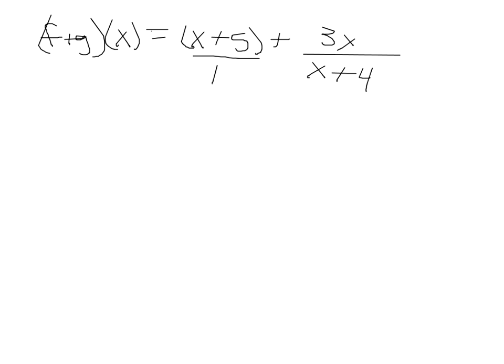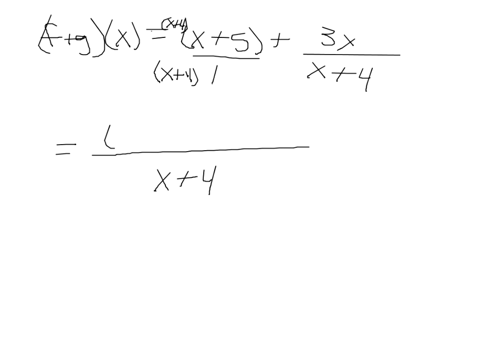This has a denominator of 1, so to make it common, I just need to multiply on top and bottom by x plus 4. That gives me x plus 4 on the bottom, and x plus 4 times x plus 5 on top, plus 3x. At that point, I can take all of this over the common denominator.